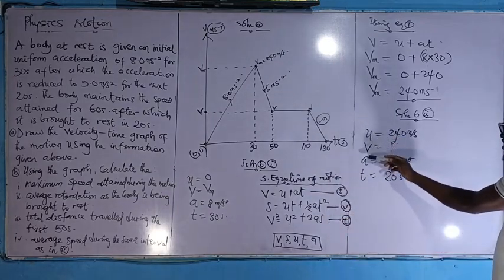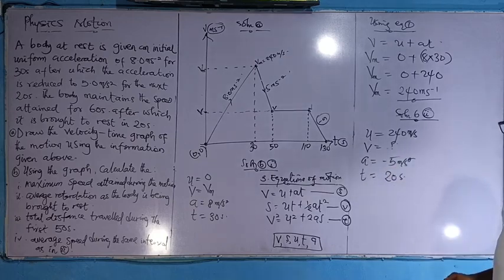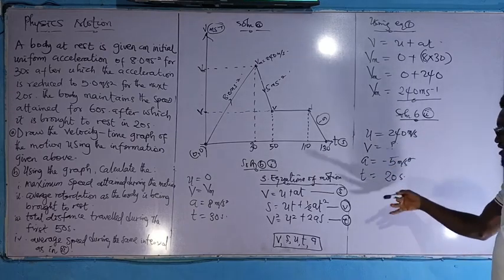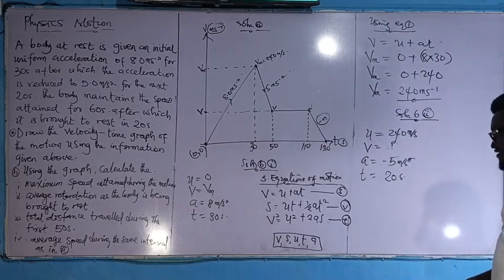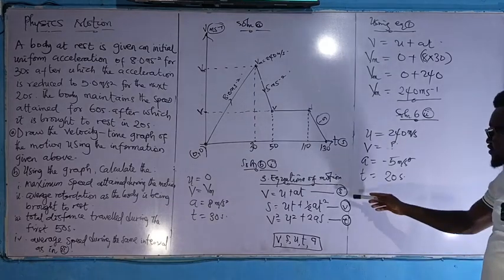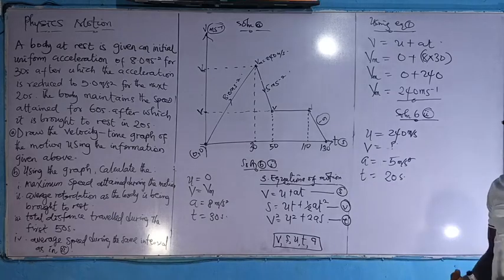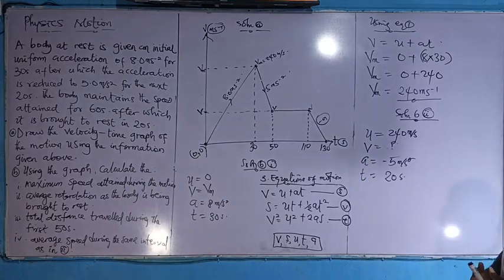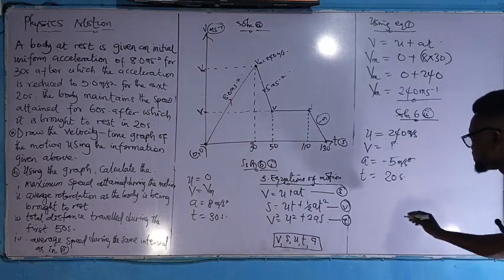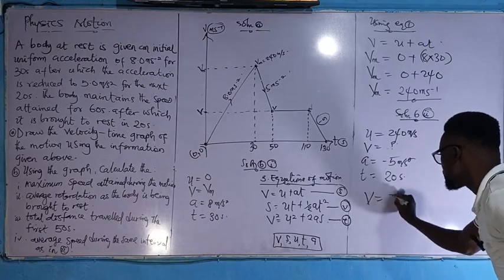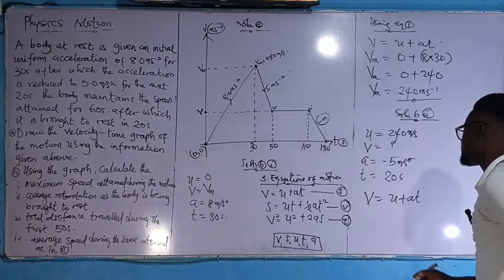We have U, V, A, T. One parameter is missing, and that one parameter is S, the distance. The equation that lacks S is equation number 1. That means we are going to use equation number 1 to get the final velocity we are looking for. So we have V equal to U plus AT.